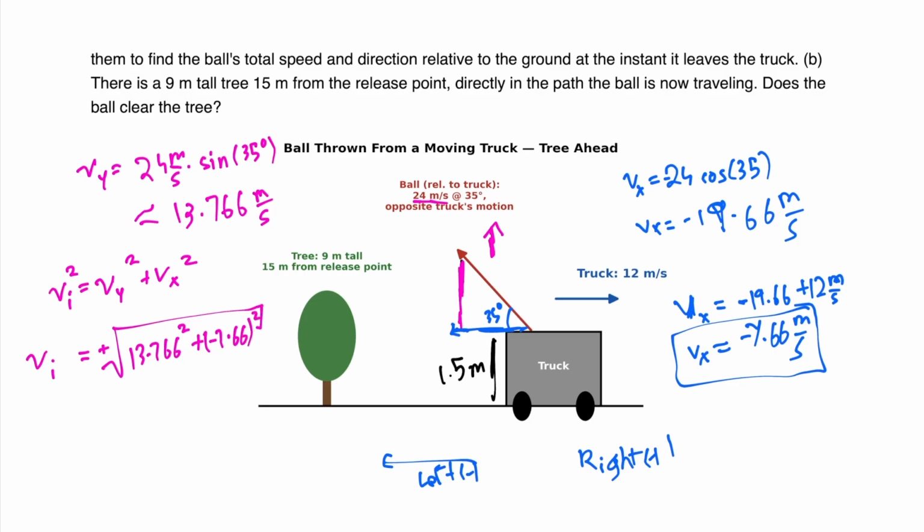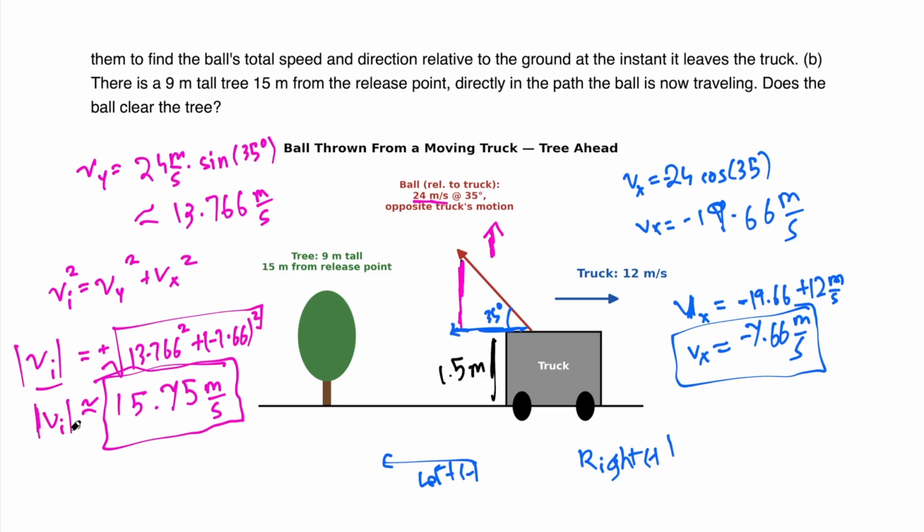And if you were to do that, which I'm going to do right now, 13.766 squared plus negative 7.66 squared, you'll get approximately 15.75 meter per second. And that's going to be your magnitude or your speed, okay? Because the magnitude of velocity, so I'm going to represent this like this so you can see, is the speed, all right?